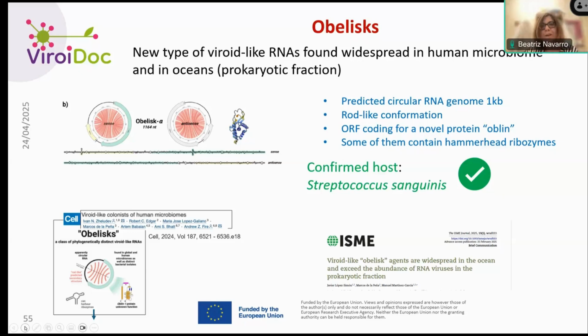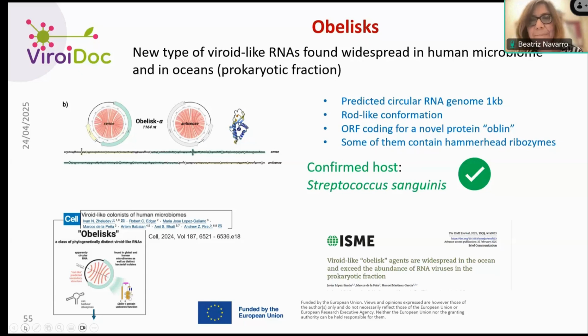So it's a huge amount of this kind of putative viroid-like RNAs. They are widespread, but only in one case was the host confirmed, in one oral human bacterium, Streptococcus sanguinis.